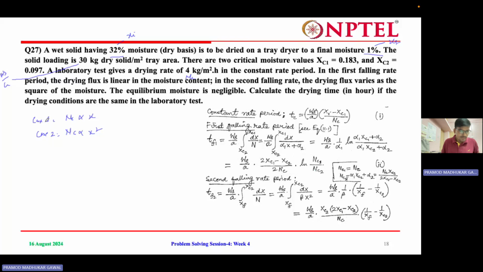I already calculated: TC is equal to 1.027 hours, TF1 is equal to 1.029 hours, and TF2 is equal to 17.552 hours, right?